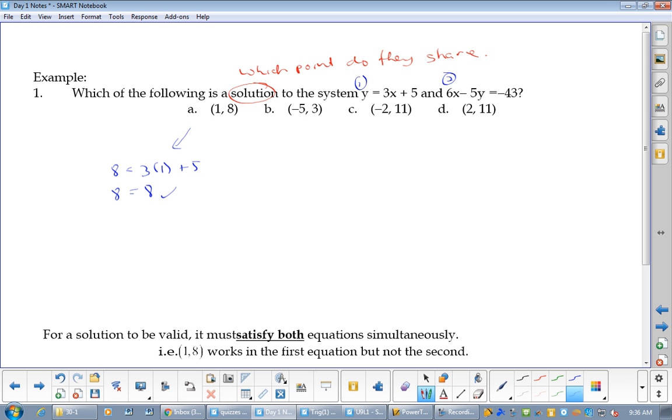If it works for equation 2, then it's good. 6 times 1 minus 5 times 8, does it equal negative 43? 6 times 1 is 6, minus 5 times 8 is minus 40, equals negative 34. Negative 34 equals negative 43? No, obviously doesn't. So this does not work for both of them.